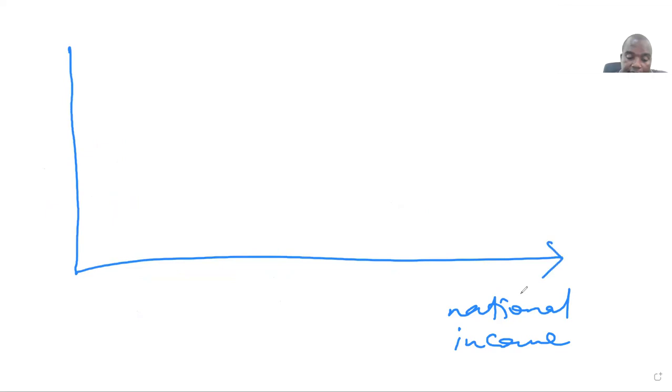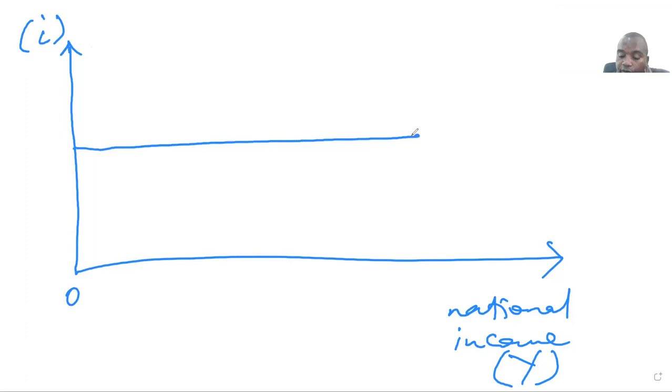Still on the horizontal axis, we've got the national income, which is normally represented by the letter Y. And on the vertical axis, we've got the interest rate, which is normally represented by a small letter i or capital letter R. So the balance of payments curve for perfect capital mobility is usually drawn as a horizontal line.